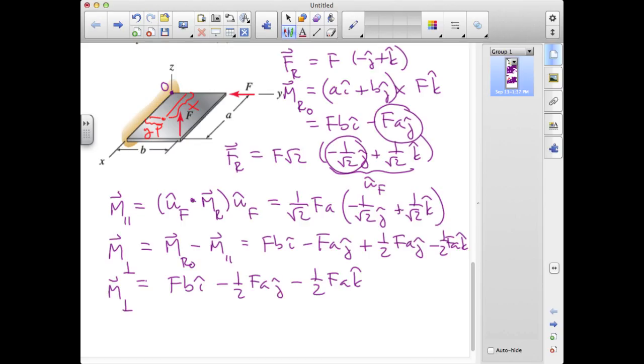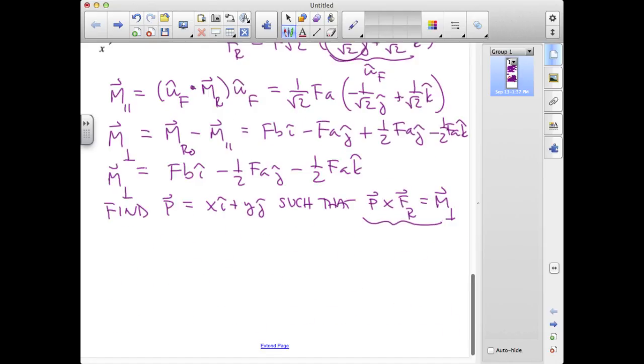And we need to find the location of that resultant F parallel moment pair so that the moment of the force F produces the perpendicular moment component that we just calculated. So we can write that as we want to find P, position P equals X units in I plus Y units in J, such that P cross the resultant force equals the perpendicular moment.